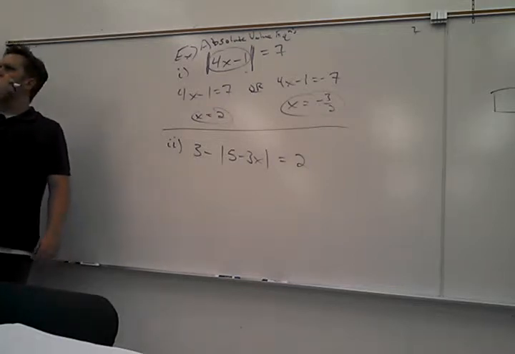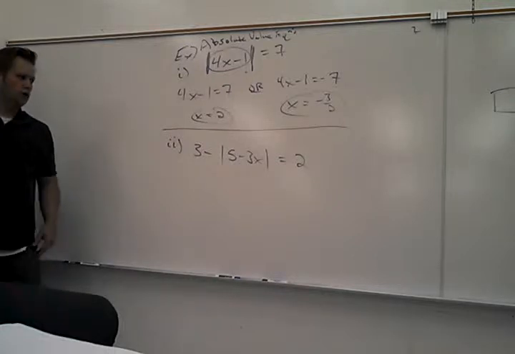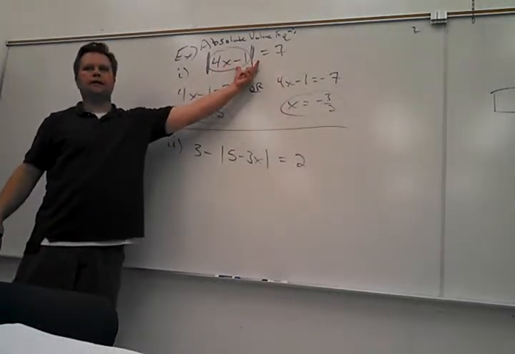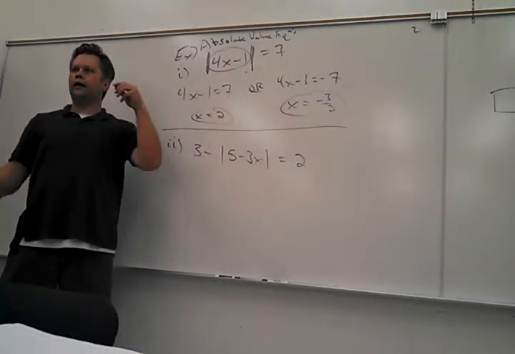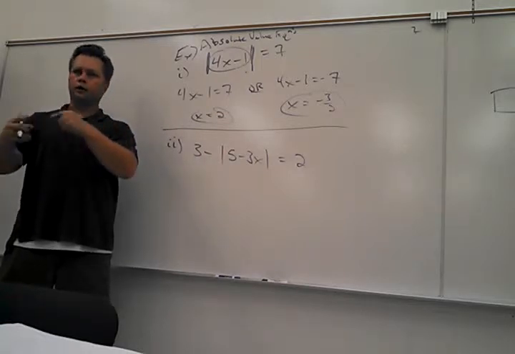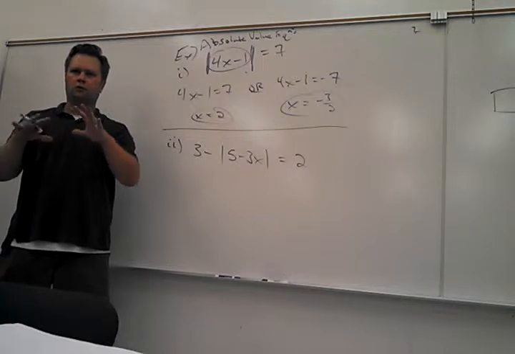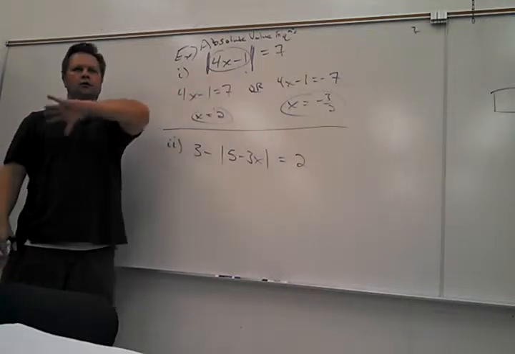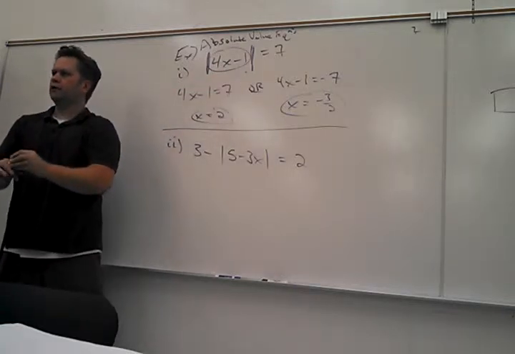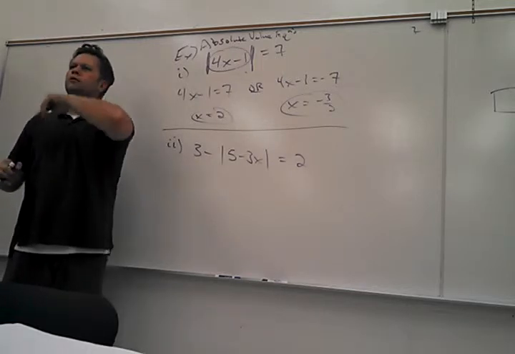Subtract 3 on both sides. Okay, cool. Yeah, you can't apply this idea until you get the absolute value by itself. Now, I am going to show you another way to do these kinds of problems, and I'm always hesitant to show more than one way with something like this, but I do want to show you that other way, because it's going to make something later make a little more sense.